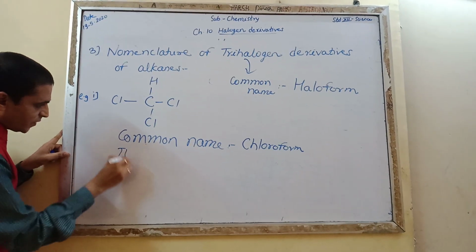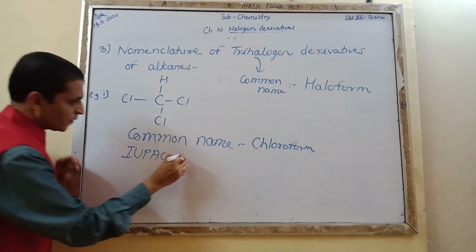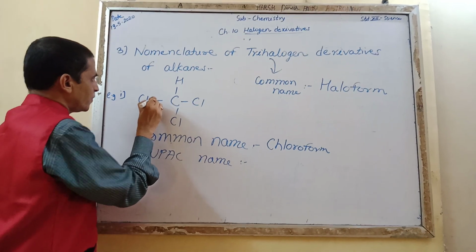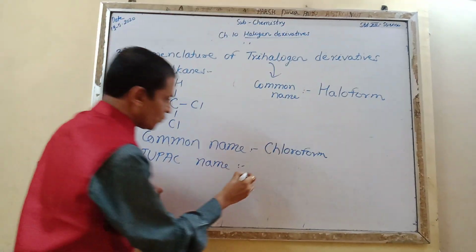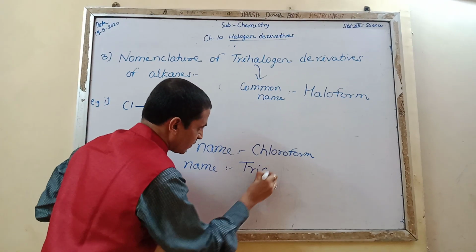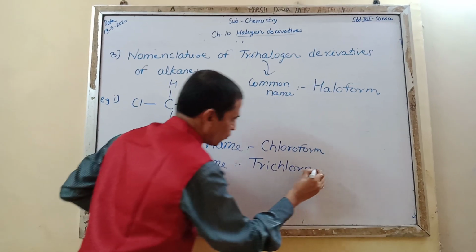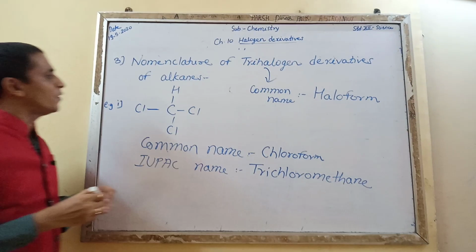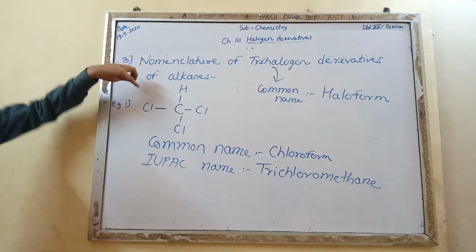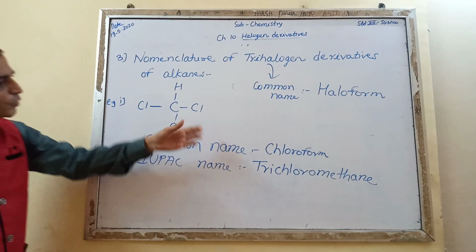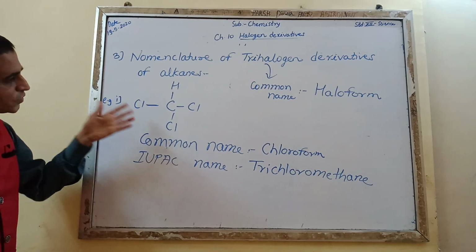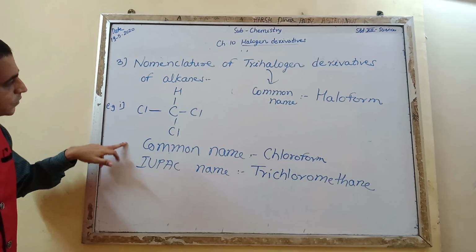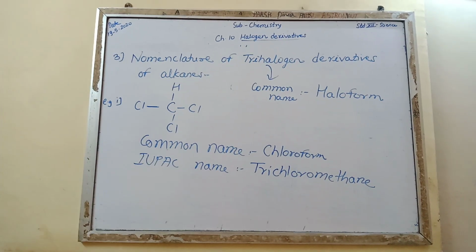And the IUPAC name is very easy. Trichloromethane. In the similar manner, instead of Cl we can put Br and write bromoform. If I is there, then you get iodoform, etc. In the similar manner, we can name the trihalogen derivatives.